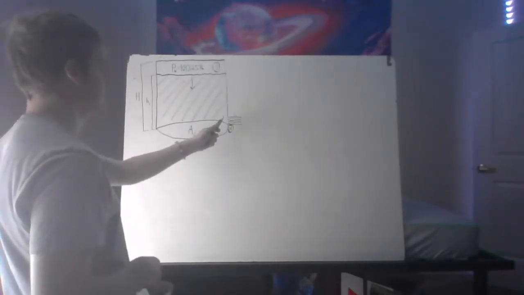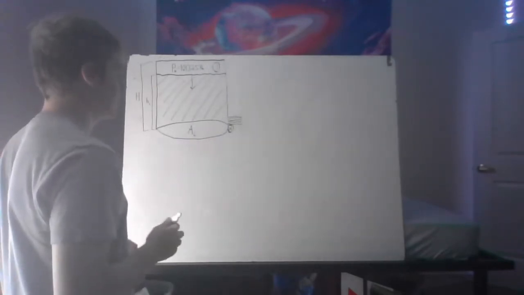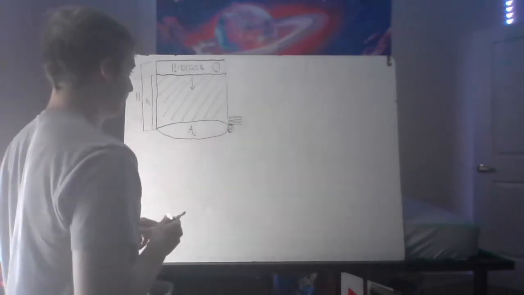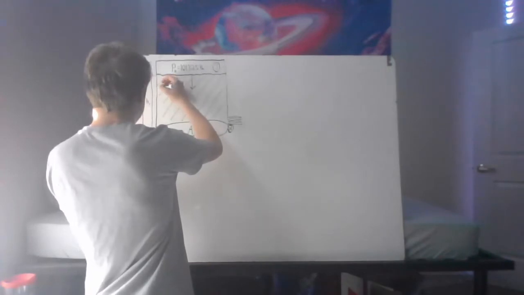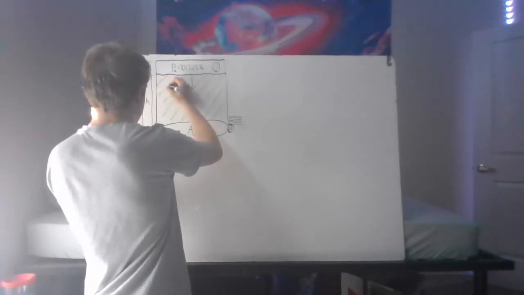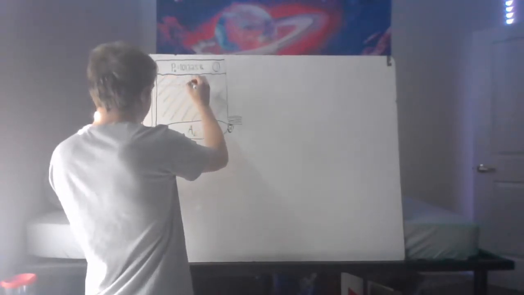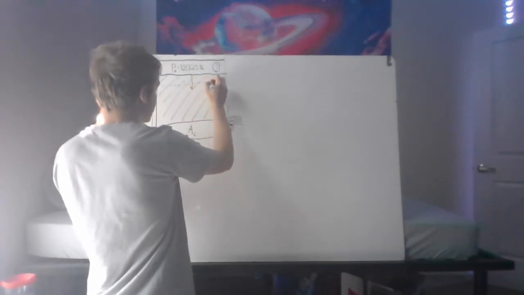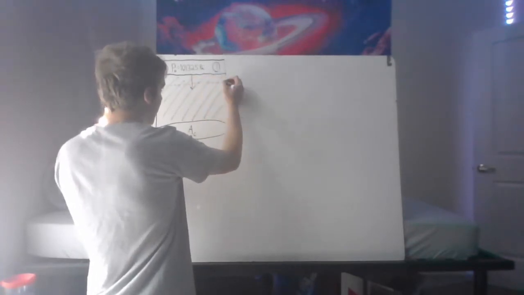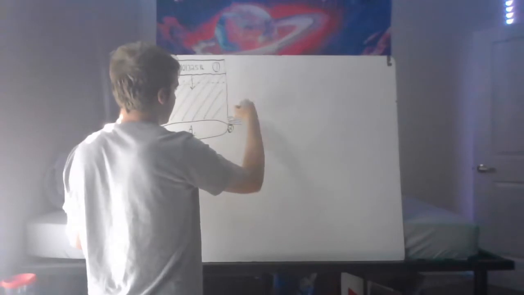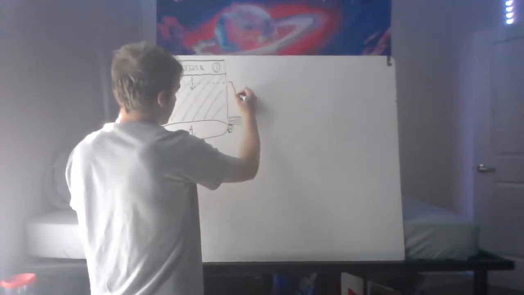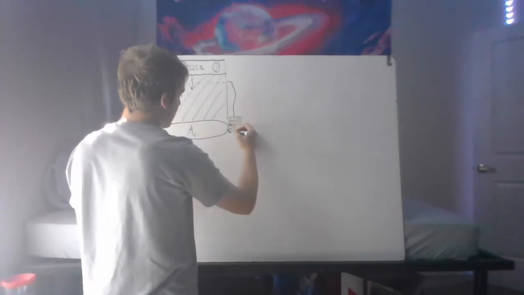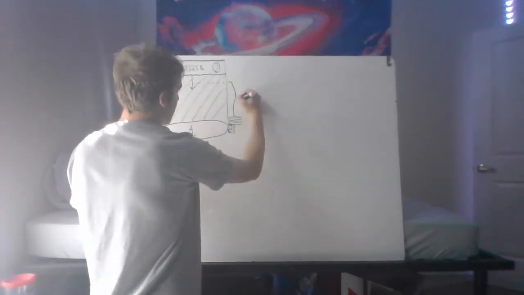And here's the little punctured hole that the water is spewing out of. Our task is to find the height of the liquid as a function of time as it flows out, so I'm going to represent that by h.